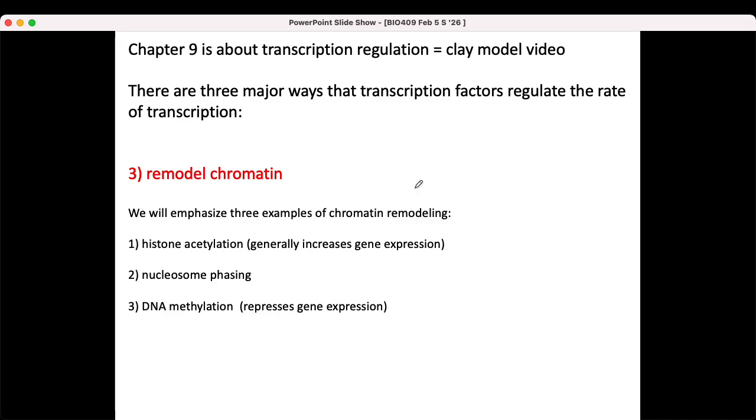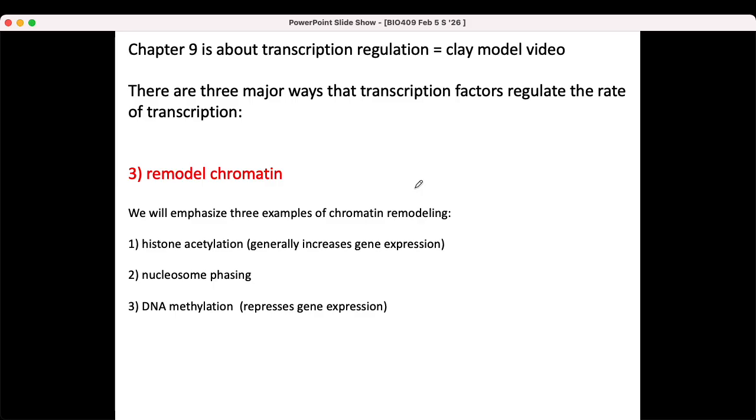It's a big story with a variety of ways to do it, and we're going to focus on three. As you read chapter 7, you don't have to learn so much about every one of those. Maybe there'll be a 1-2 point question. But the three examples of chromatin remodeling we'll learn about are these three, and we'll talk through them.